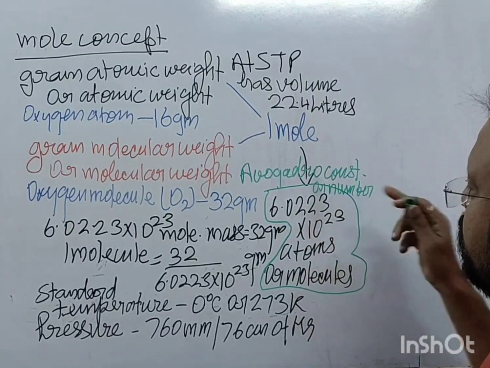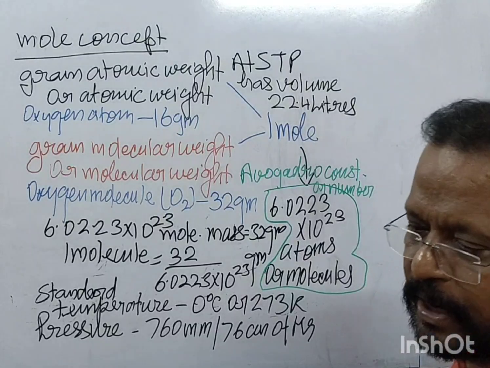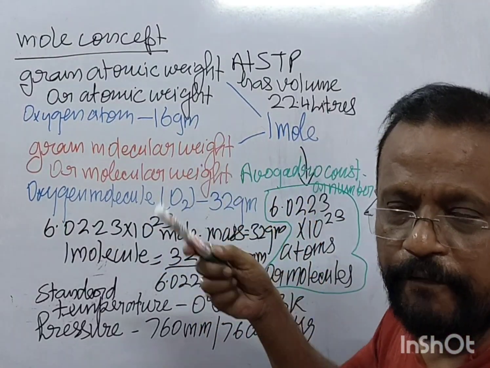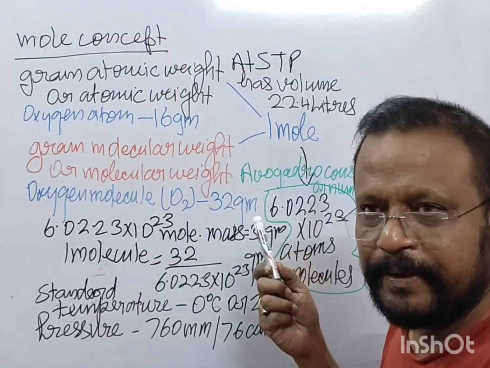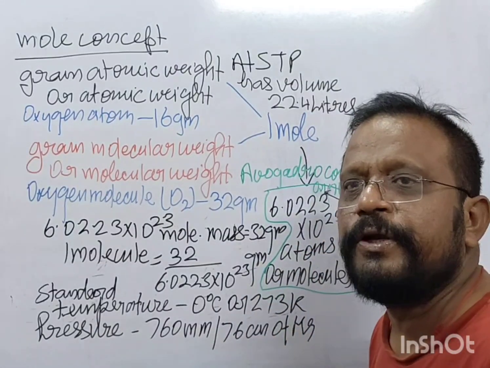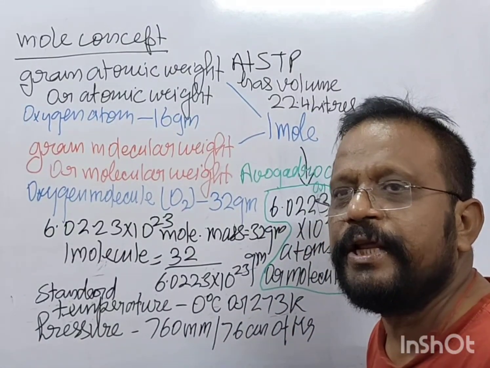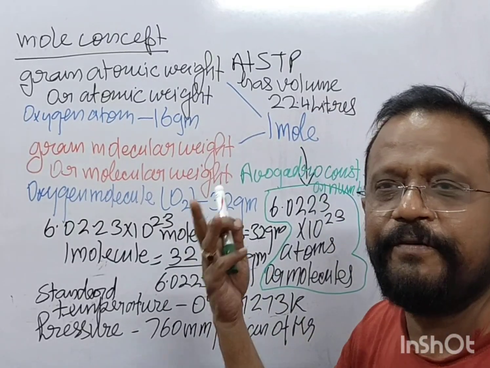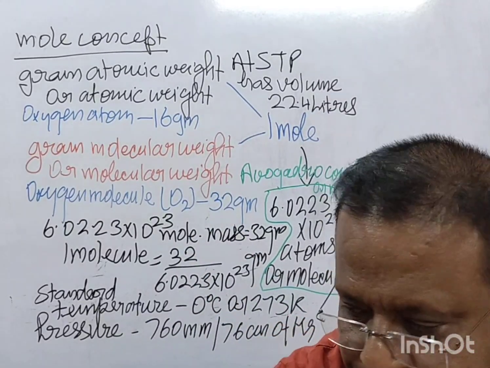If it is asked, then you have to write this much. Avogadro constant or Avogadro number is this. That means 1 mole of a substance is having 6.022 into 10 raised to the power 23 atoms, molecules, radicals, ions, whatever it is, right?